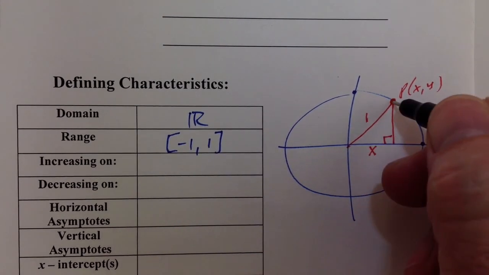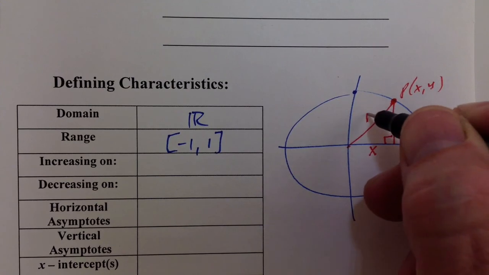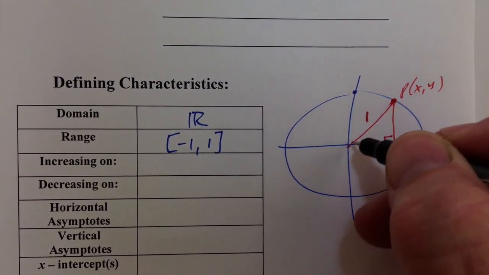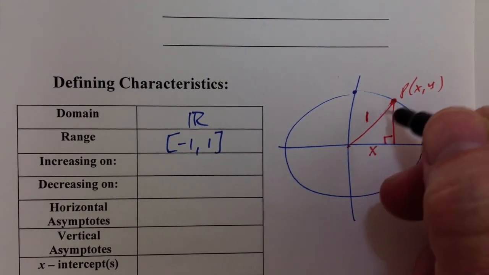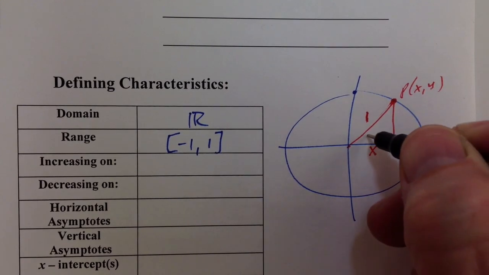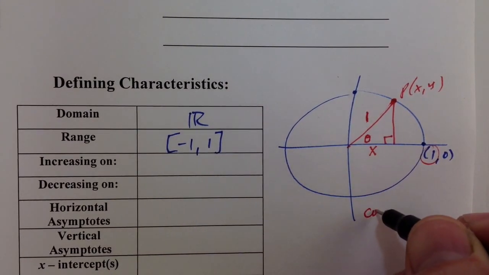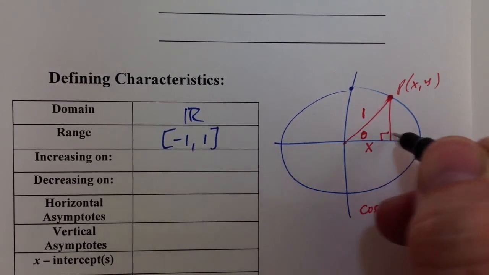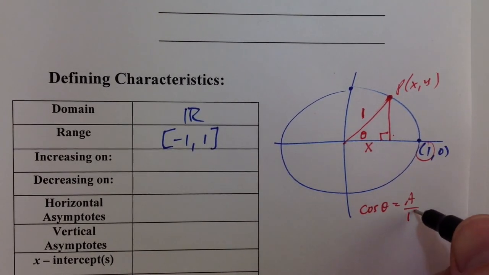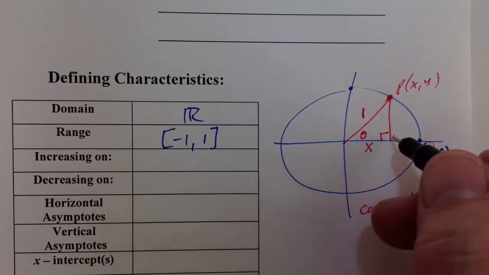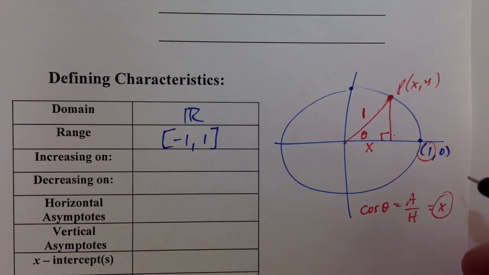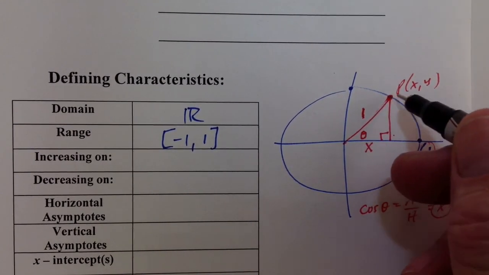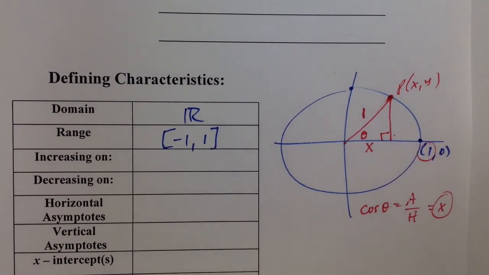The 1 is the radius of the circle, that's why we call it a unit circle, and therefore 1 is the length of the hypotenuse of this right triangle. If this is theta here, we have the cosine of theta equaling the adjacent side of the right triangle divided by the hypotenuse. The adjacent leg is x and the hypotenuse is 1.